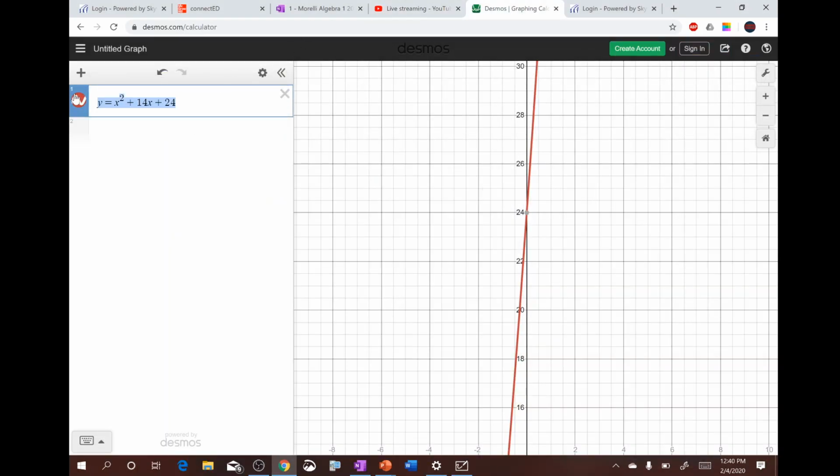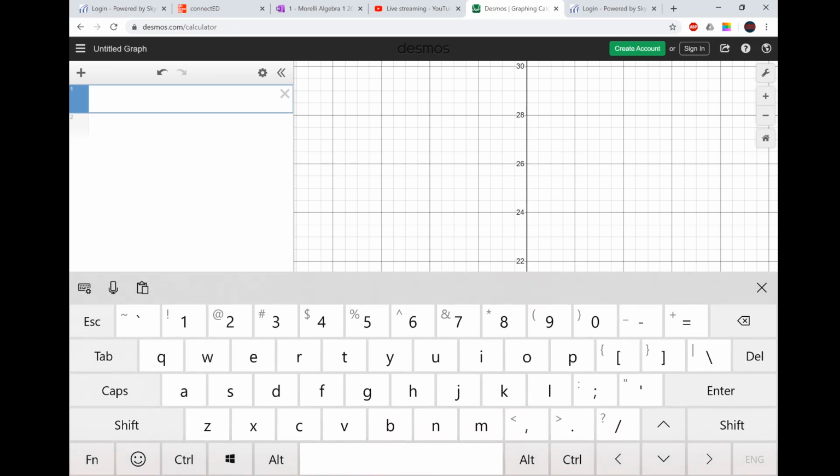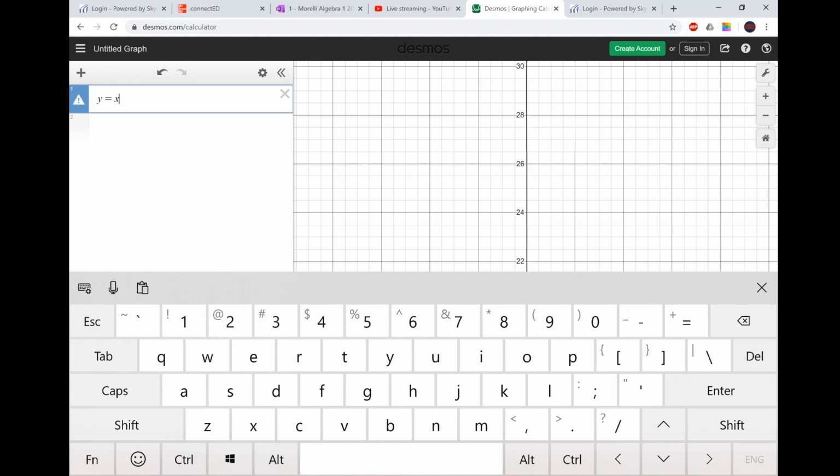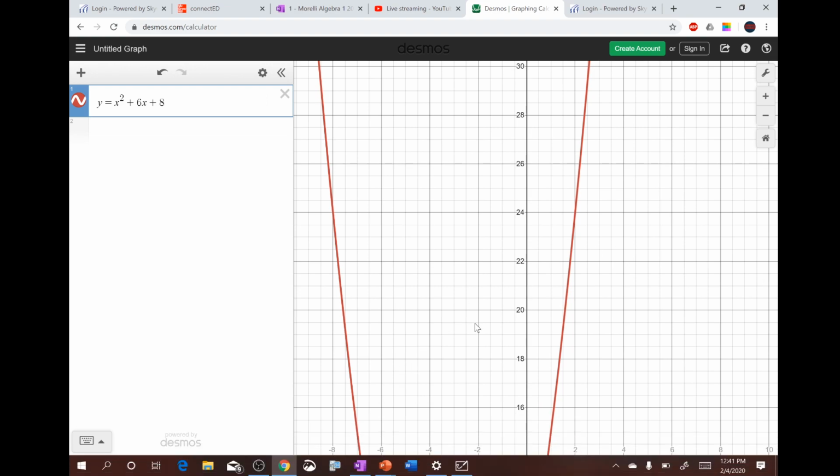Can somebody please read me the whole equation, the original one? X squared plus 6x plus 8. Now, what were those two numbers I told you to keep in your mind? Watch this, guys.